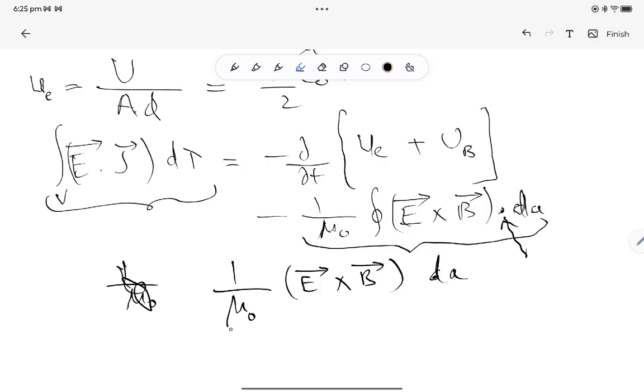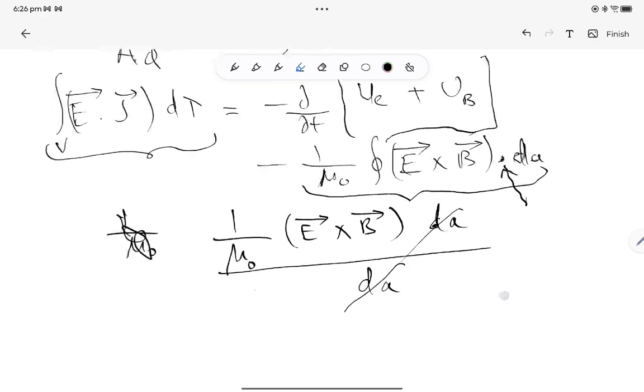If I now divide by dA, I have energy per second per unit area. So 1 by mu naught E cross B is energy per second per unit area. Energy per second, in physics, is technically called power.